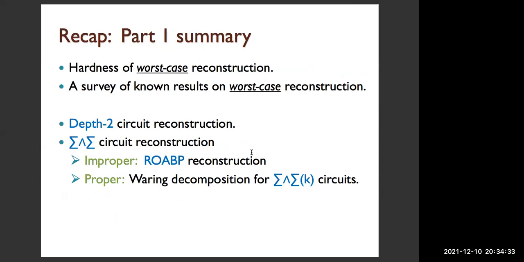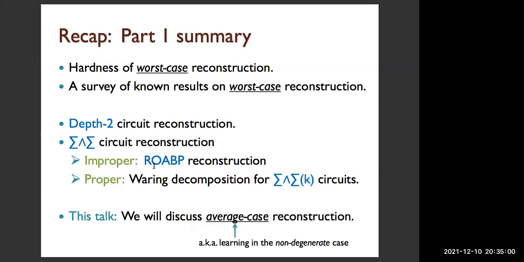And then we saw a couple of algorithms for reconstructing depth 3 powering circuits. One was improper, and the other one was proper, but for constant top fan-in depth 3 powering circuits. The improper one outputs a circuit which is basically a read-once oblivious algebraic branching program.